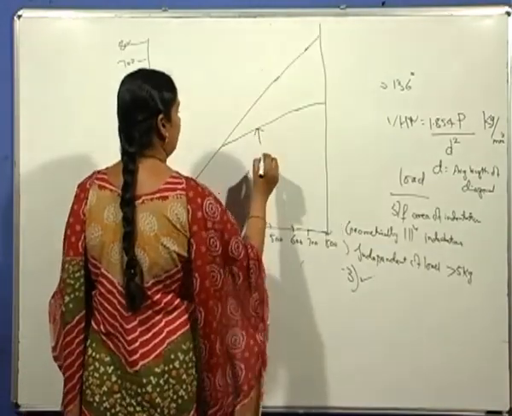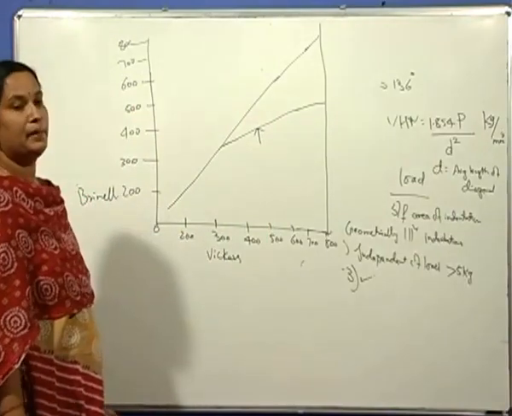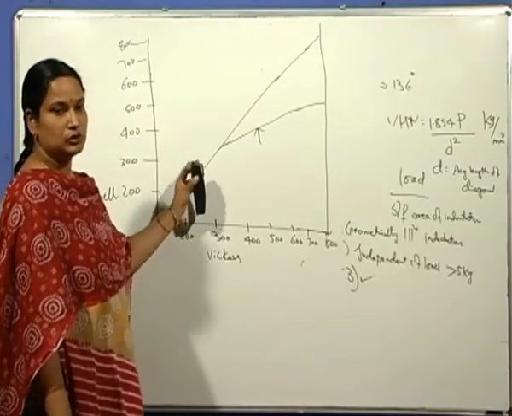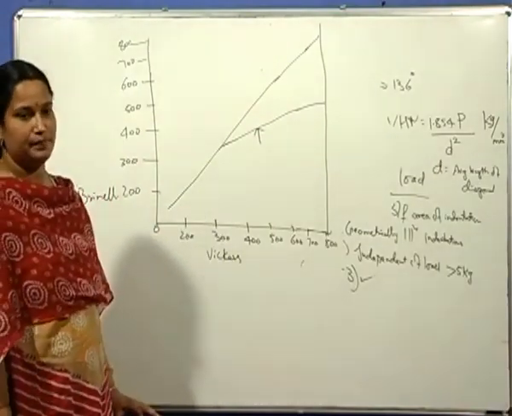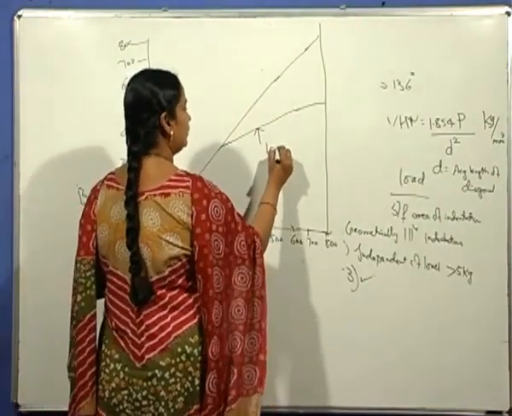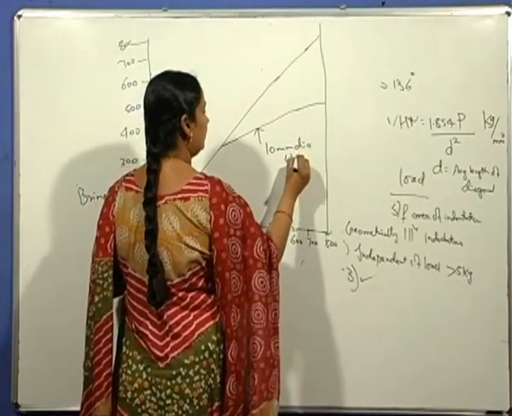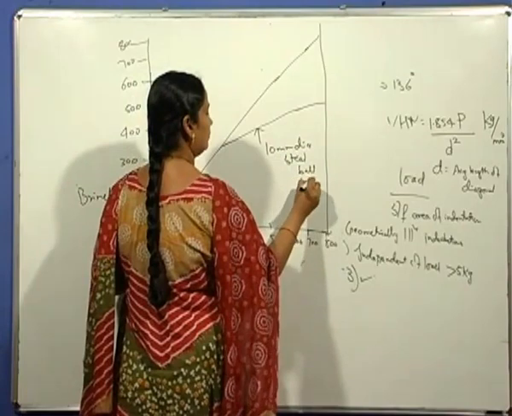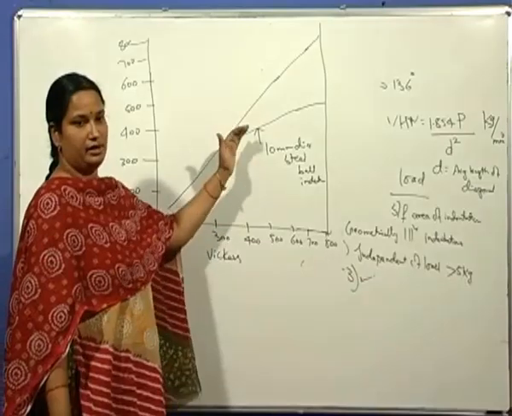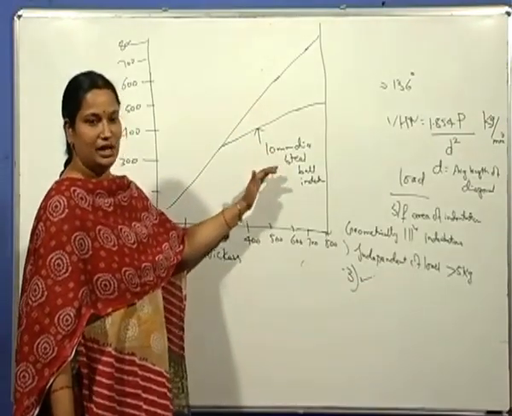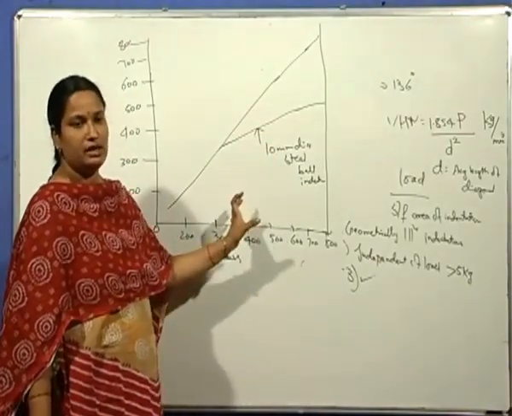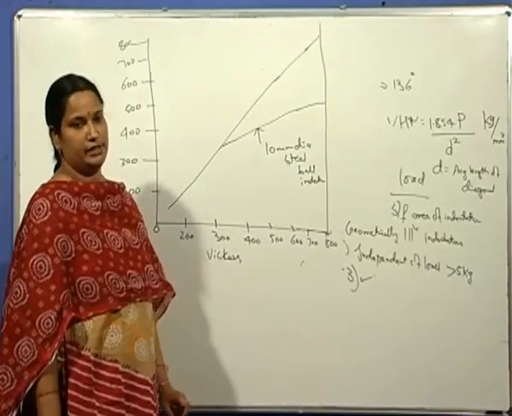So this is the comparison between the Vickers and Brinell hardness tests. As can be seen from the figure, up to 300 both hardness values are similar, beyond which the Brinell hardness values, this is for the case of a 10 mm diameter steel ball indenter, deviate from Vickers and are much lower when compared to Vickers. The reason is the flattening and distortion of the steel ball indenter.